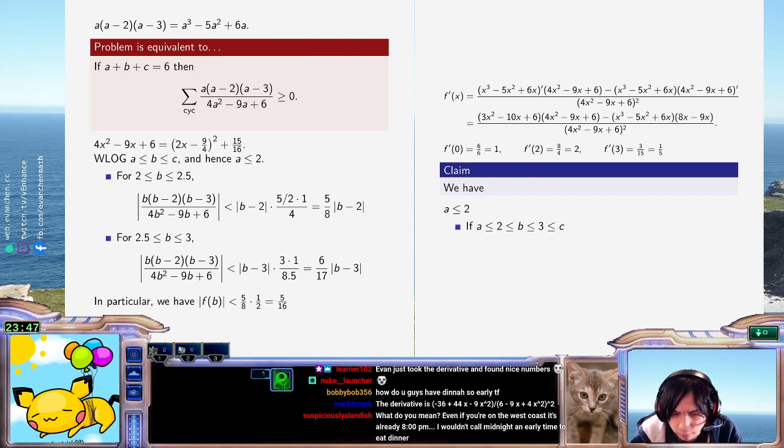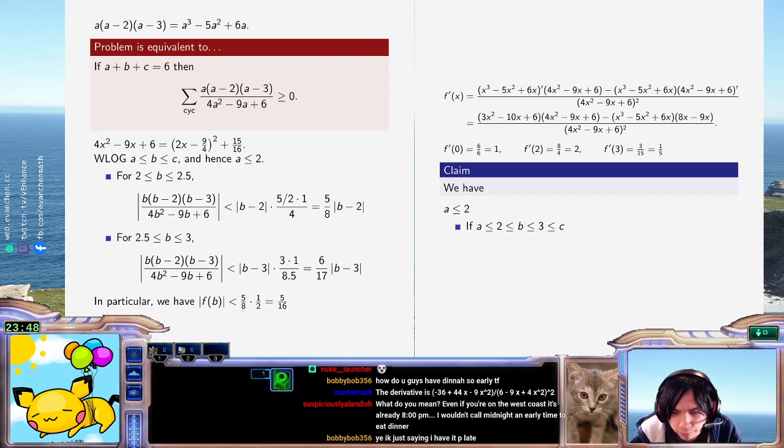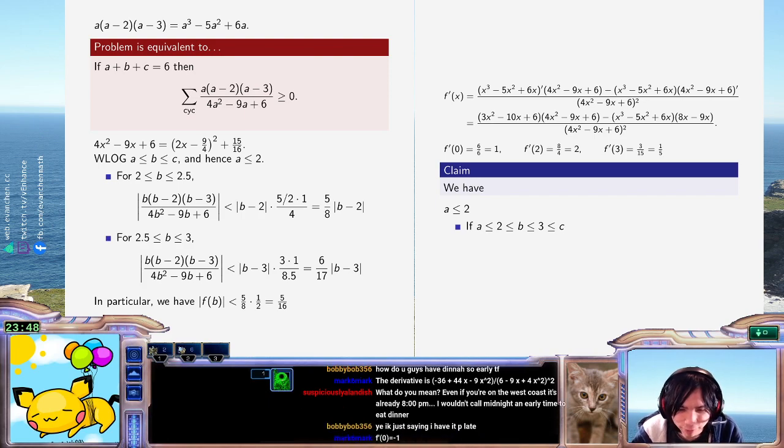How is it not negative? Sorry, I don't know what I'm doing. This is minus 2. Why is every value I plugged in wrong? I swear I haven't gotten a single one right. 4, 16. Okay, minus a half.